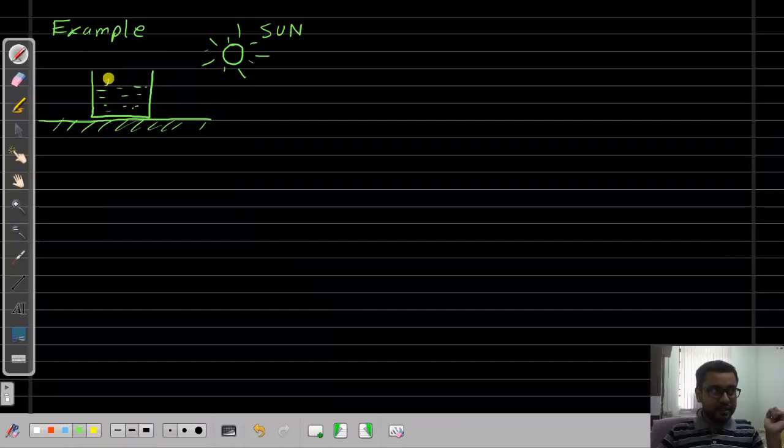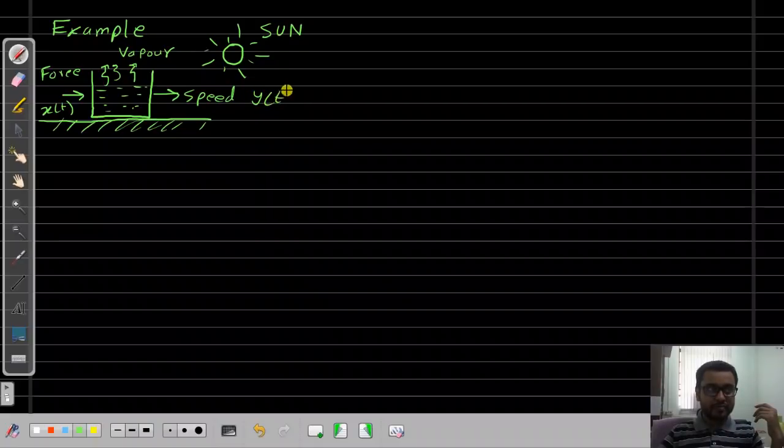So water is evaporating, and now you apply force as the input and measure the speed or position or acceleration as the output. Now this is an example of a non-time invariant system.